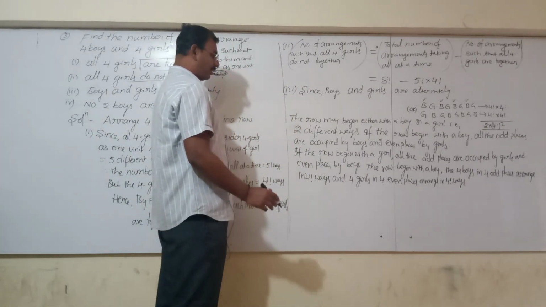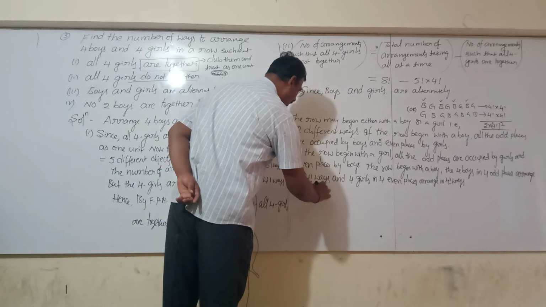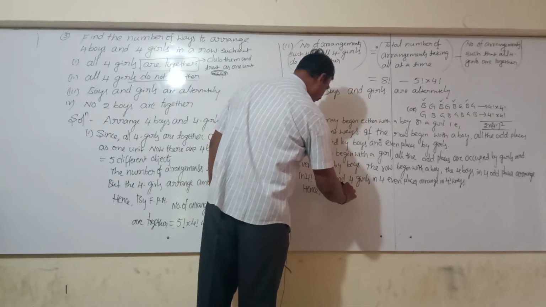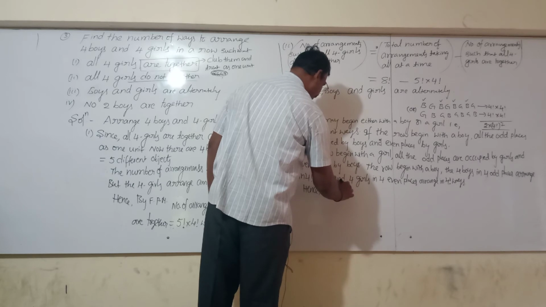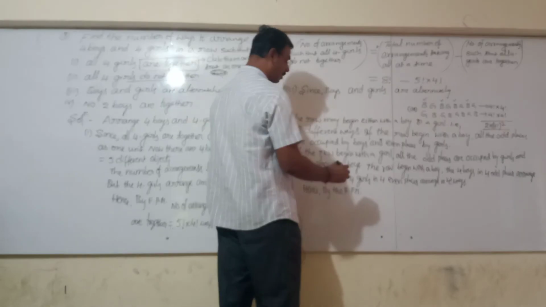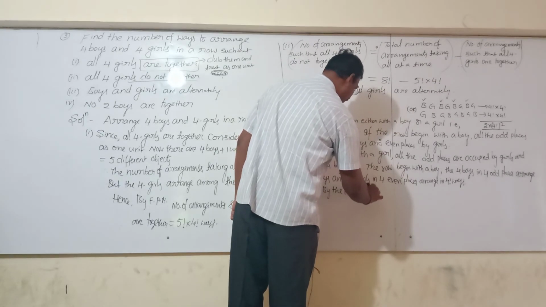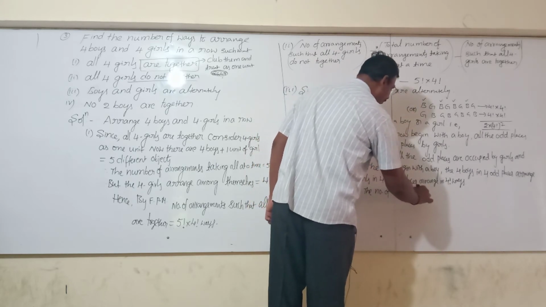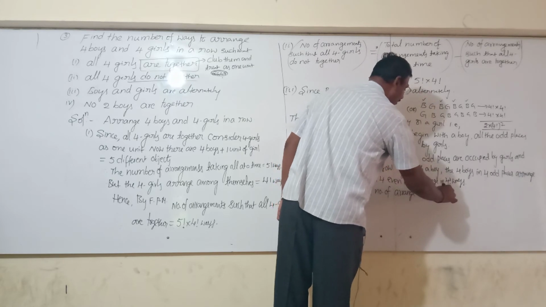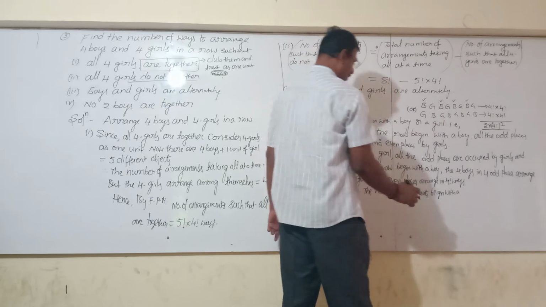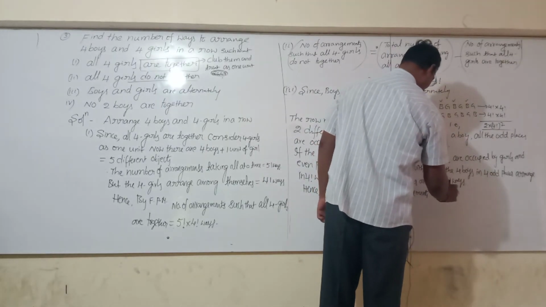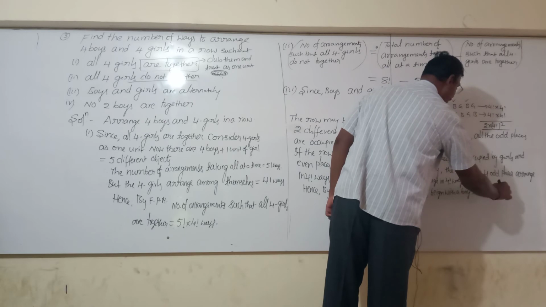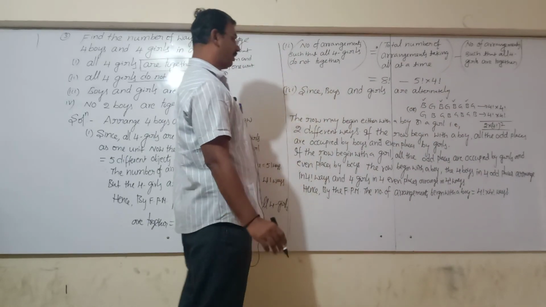Hence, by the fundamental principle of multiplication, the number of arrangements in a row begun with a boy is equal to 4 factorial into 4 factorial ways.